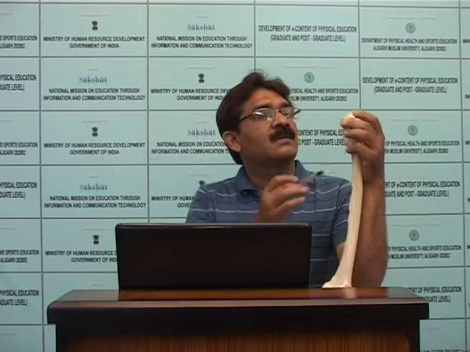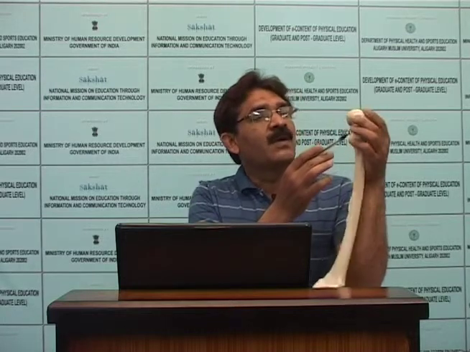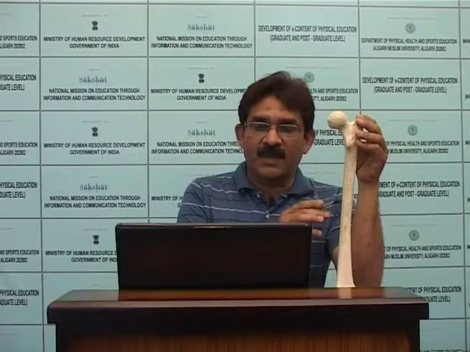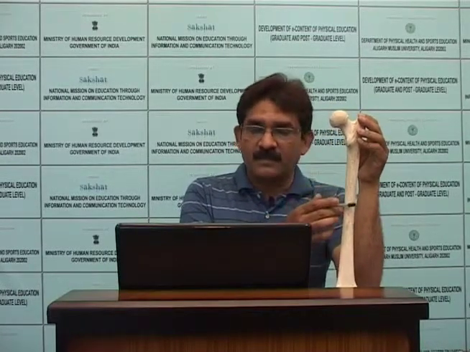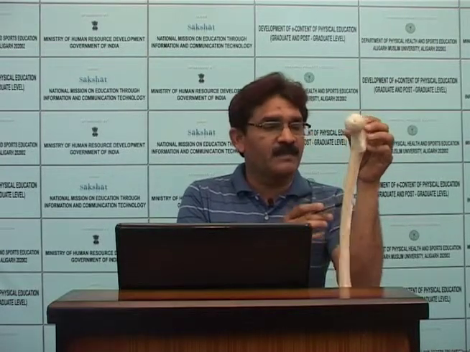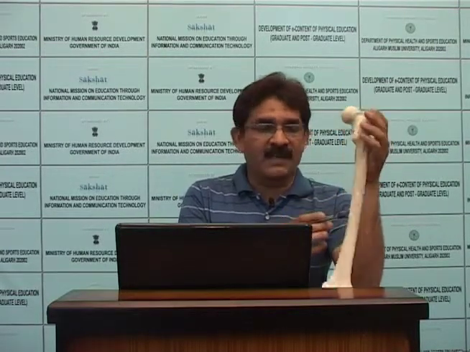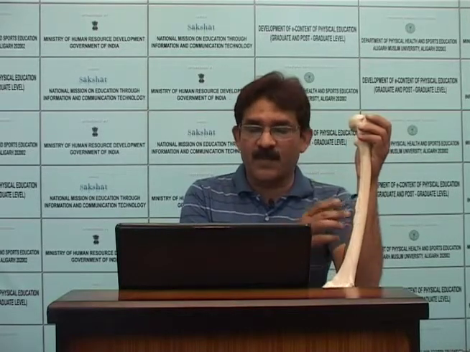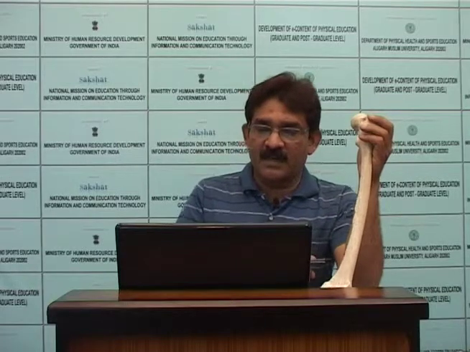This is the intertrochanteric crest, and this is the shaft, with the linea aspera, gluteal tubercles, pectineal line, and popliteal surface.